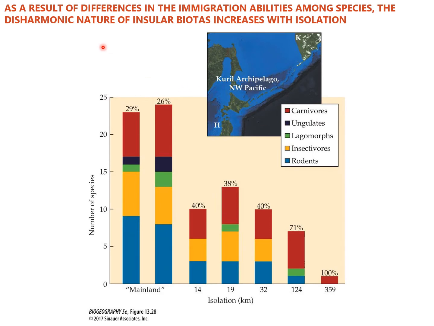It's a result of the differences in immigration abilities among species that causes what's called the disharmonic nature of island biotas, which increases with isolation. Disharmonic just means that they're not in harmony, not corresponding.